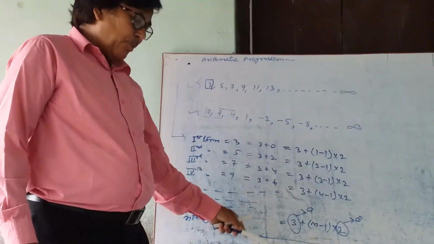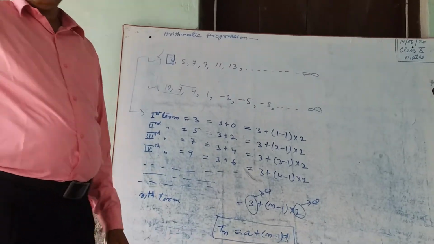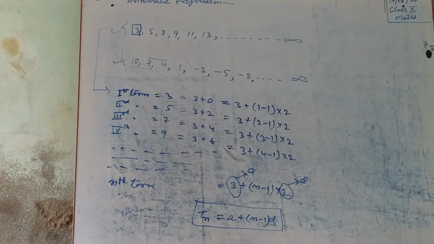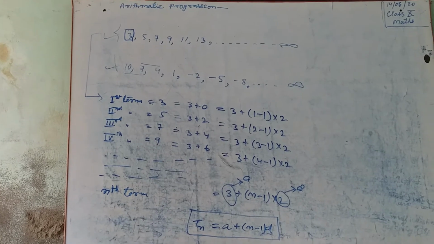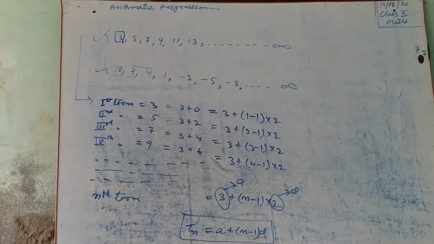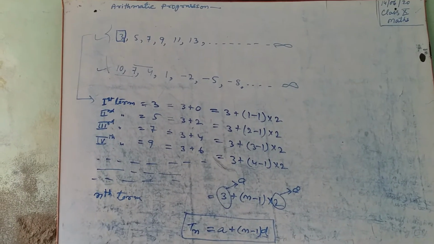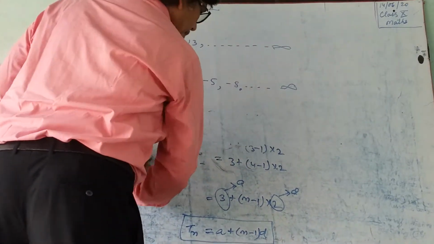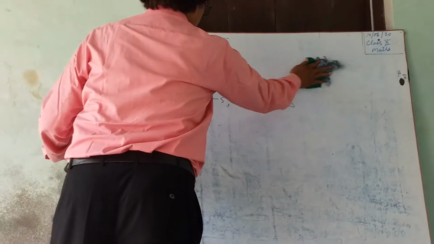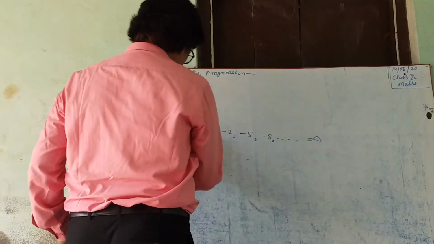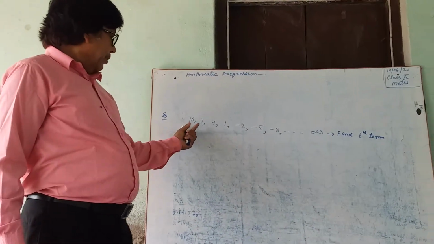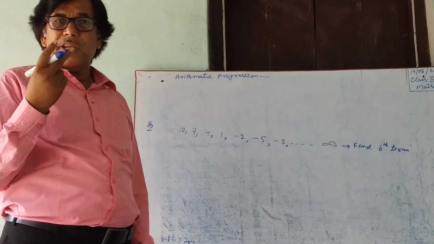But before it, I am going to erase this. In the given sequence or progression, we see that two successive members differ by minus 3.